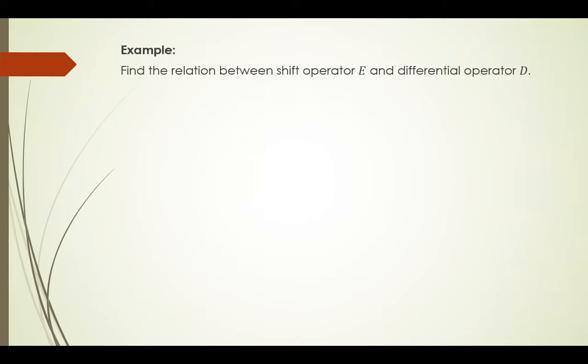So what is the relation between these two operators? Let us find that relation. As we know, when the shift operator is applied on f of x, that will become f of x plus the step size h.